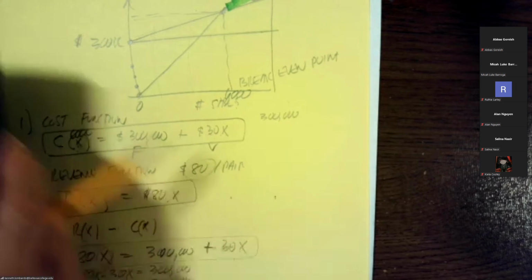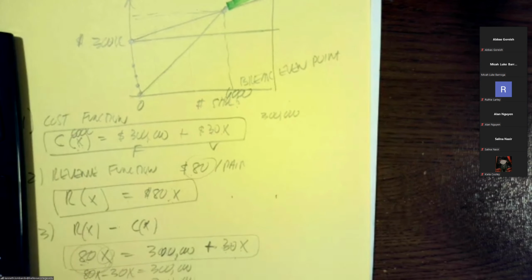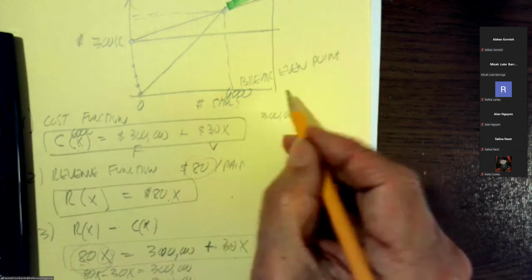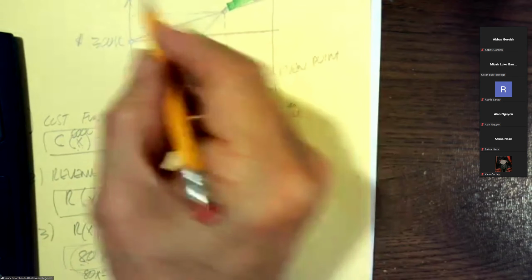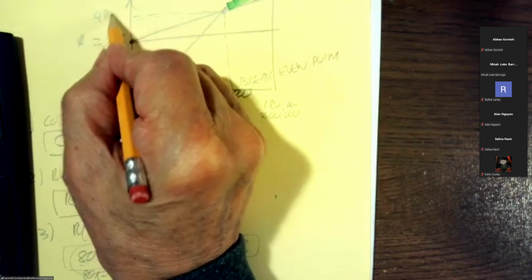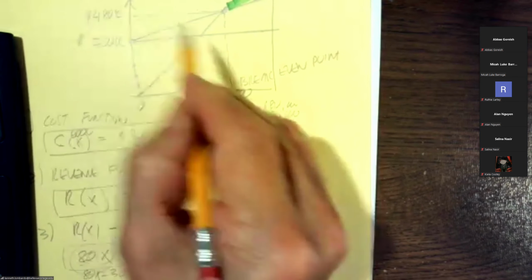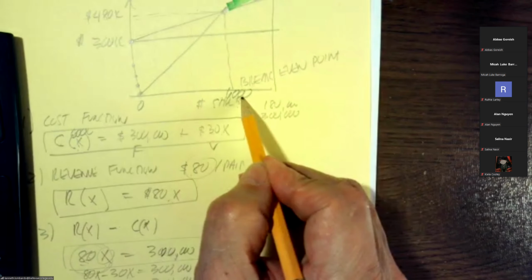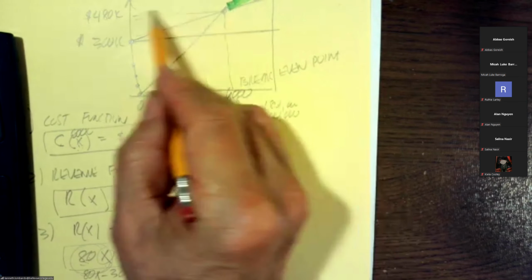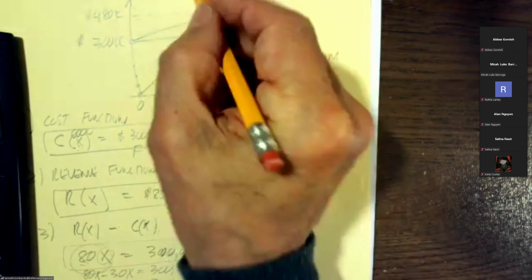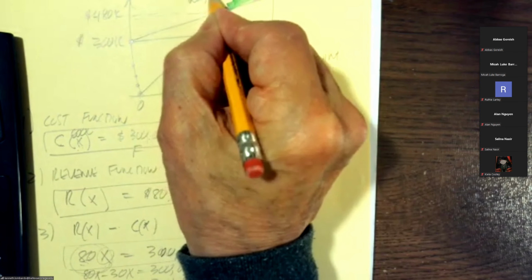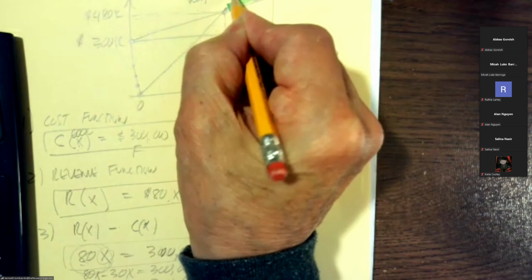And let's see, what is 6,000 times 30? 30 times 6. That's 180,000. So this point here is at $480,000. All right. So if I sell 6,000 shoes, my revenue is going to be $480,000. So that's this point, 6,000 and 480.